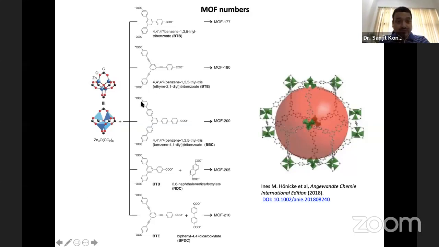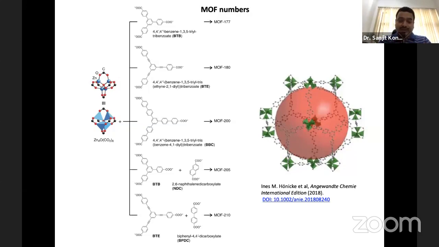You can put a functional group here, you can modify this whole area of the ligand, and based on your modification, you can design and predict some chemical properties of this class of compound. And the best part is that once you get the compound, the shape, size, and chemical and physical properties of each pore are uniform and perfectly homogeneous.